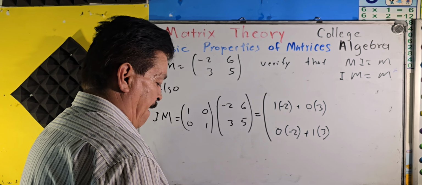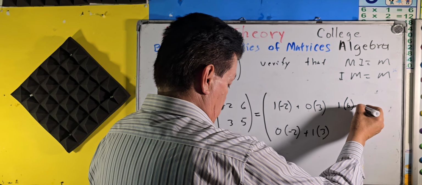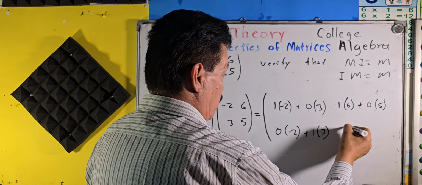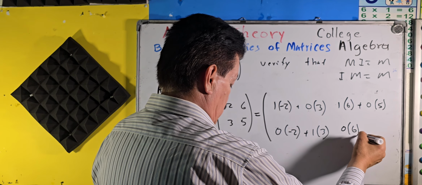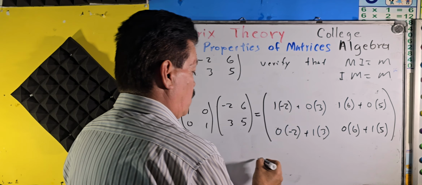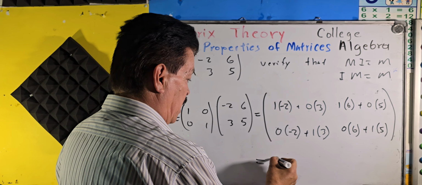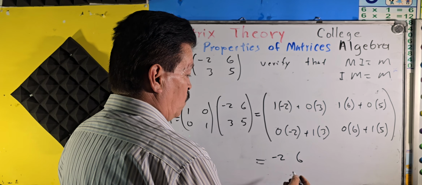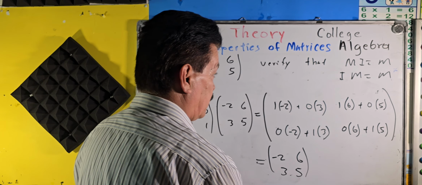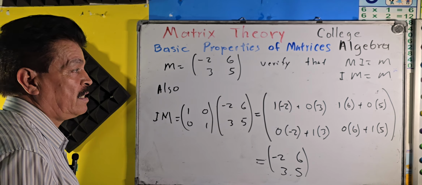Next one, 1 times 6 plus 0 times 5, and 0 times 6 plus 1 times 5. See? It's the same: negative 2, 6, 3, and 5. So we prove the basic property of the matrix in algebra.